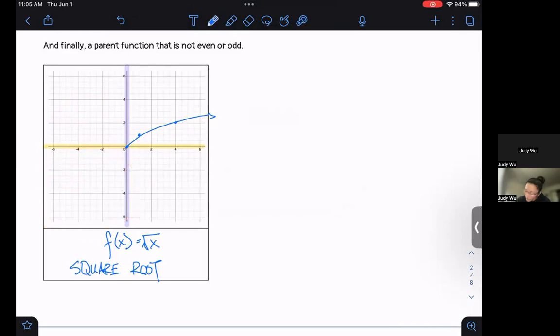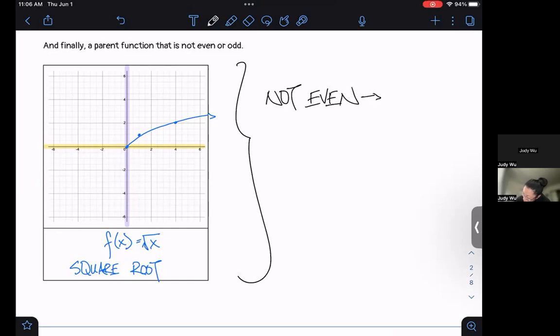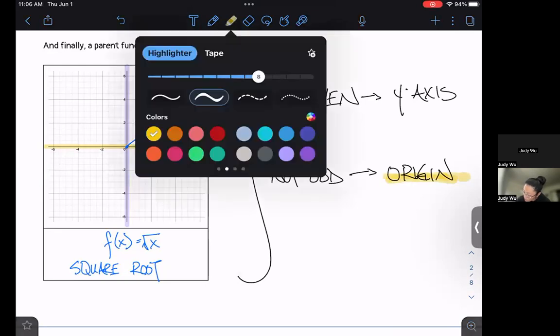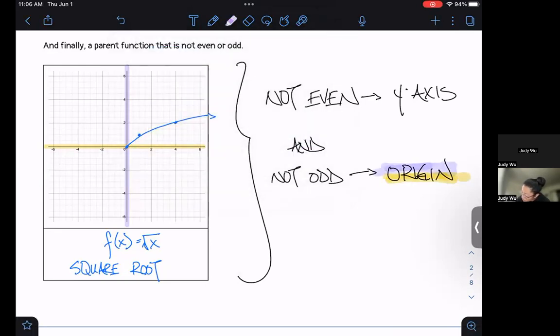So using our reflections, we can see that this is not even, since there's no y-axis symmetry. And it is not odd because there's no symmetry about the origin.